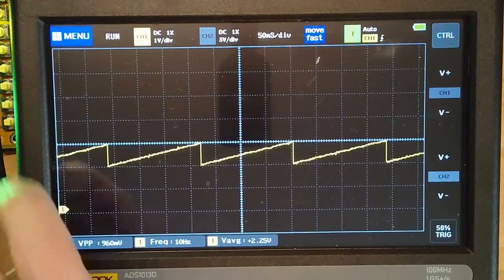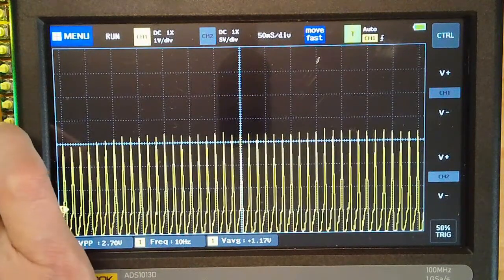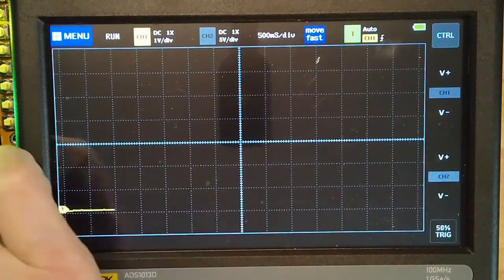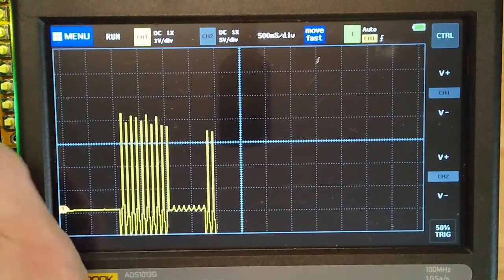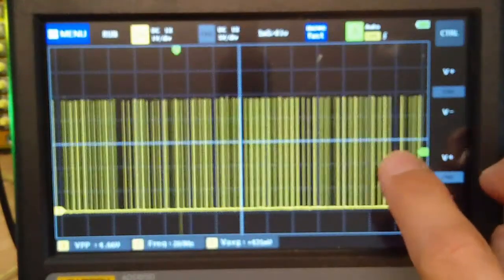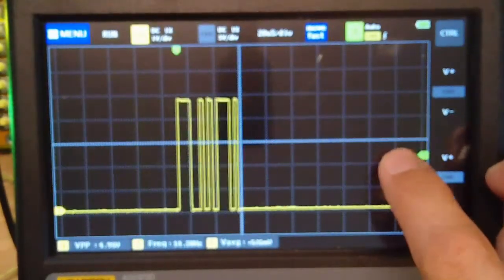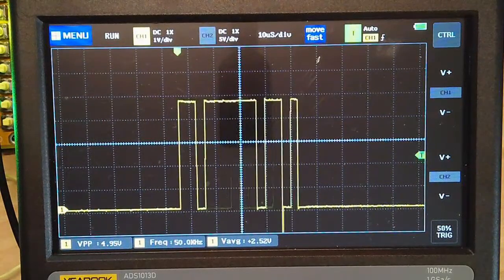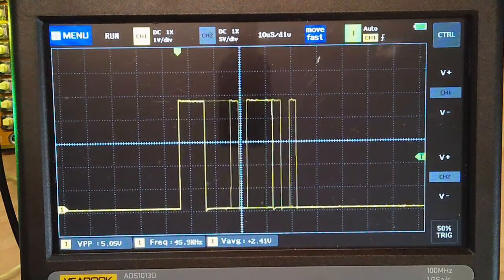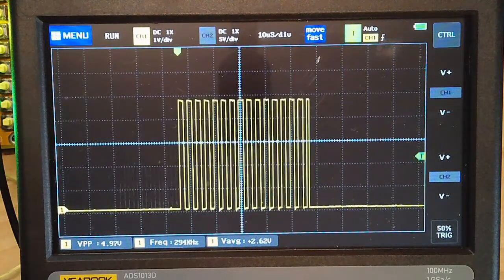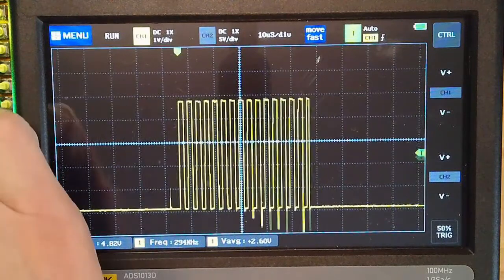And it's kind of interesting if we look at the data line. Well, here's chip select. Let's go look at data. So there's the data. I'm counting really, really fast. Here's the clock line, and sending out 16 bits of data.